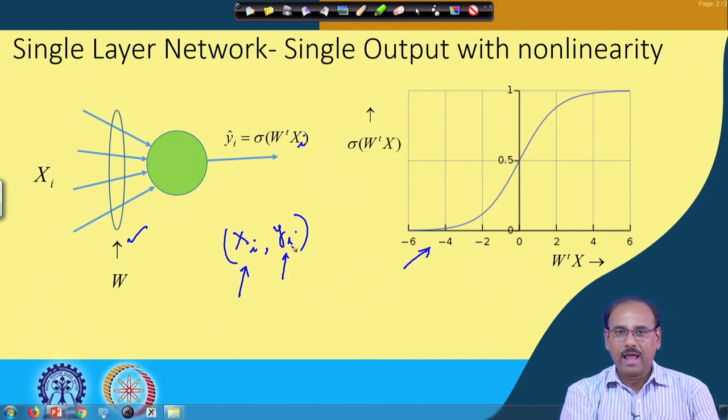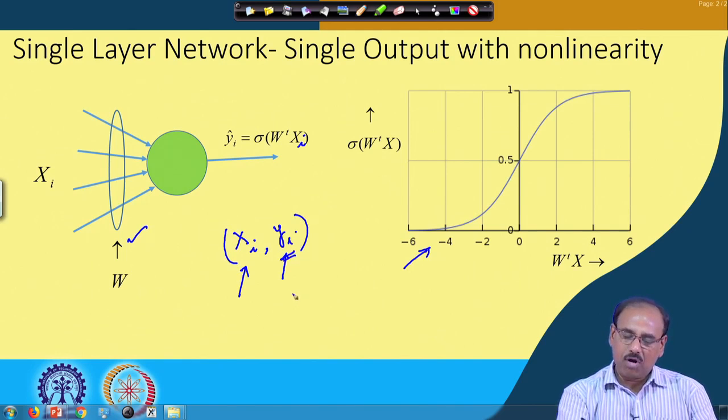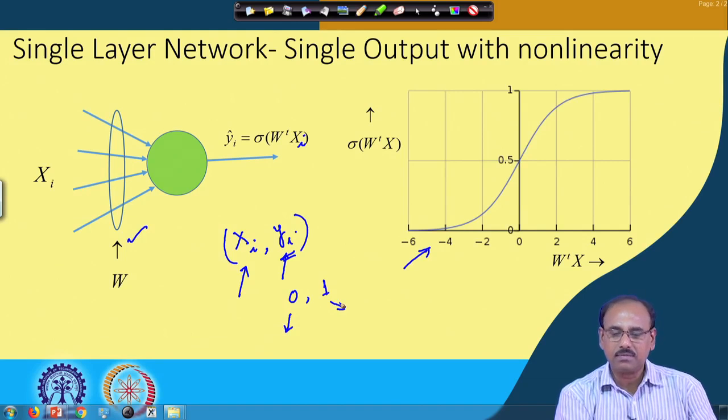When I have a single output in the neural network, or only one neuron at the output layer, we are actually considering a two class problem. In a two class problem, this y_i can take a value of 0 or 1. 0 means it belongs to one class and 1 means it belongs to another class.